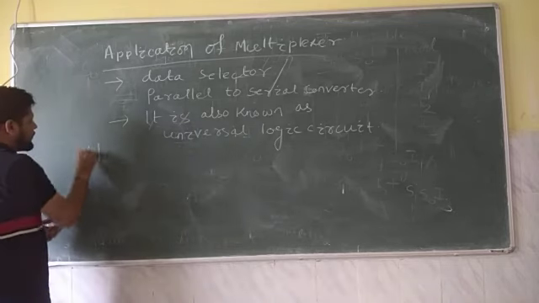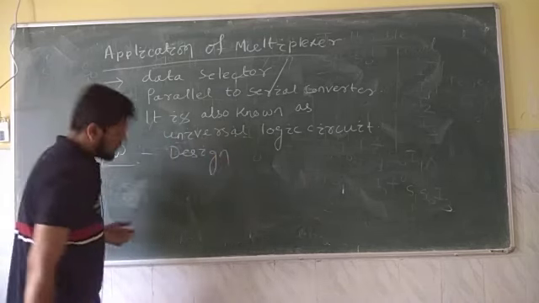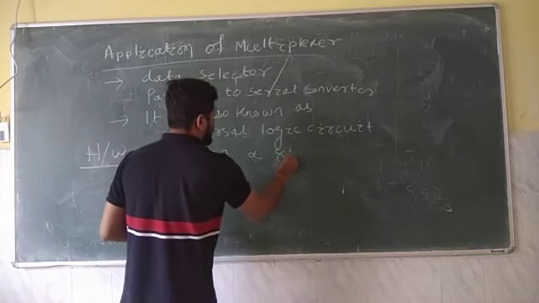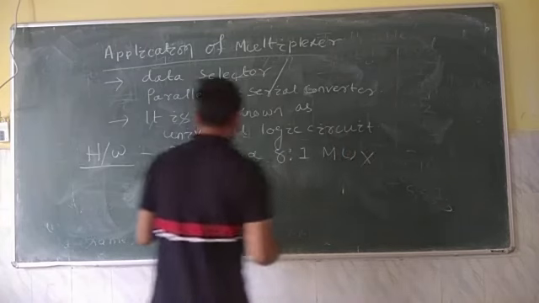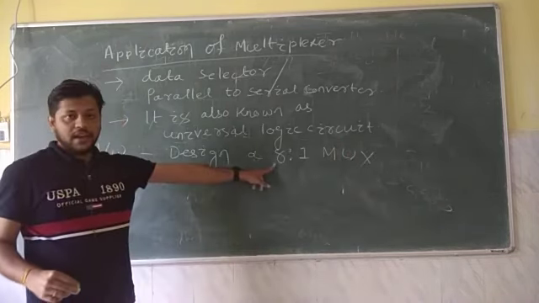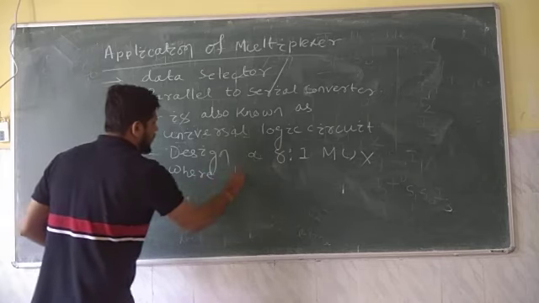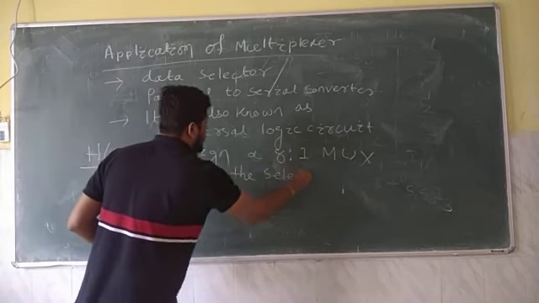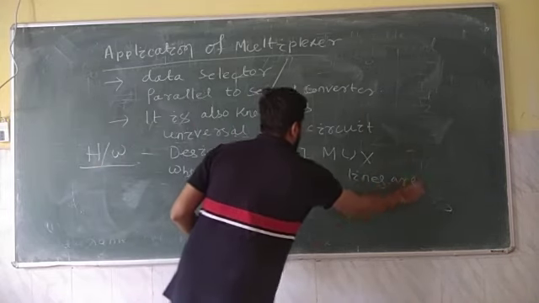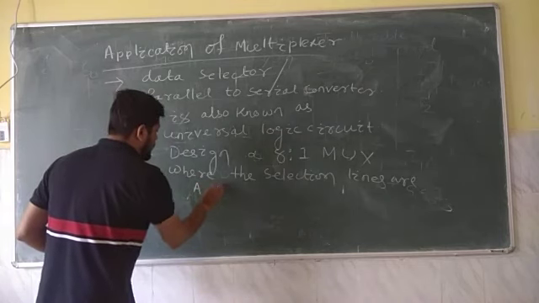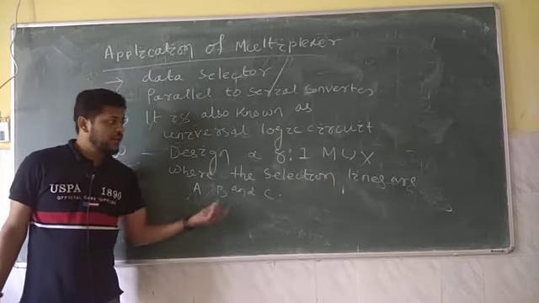So homework for you: design an 8:1 mux. That is 8 input lines, 1 output line, where the selection lines are A, B and C. I have already given you the selection lines, that is 3 selection lines are required for 8:1.